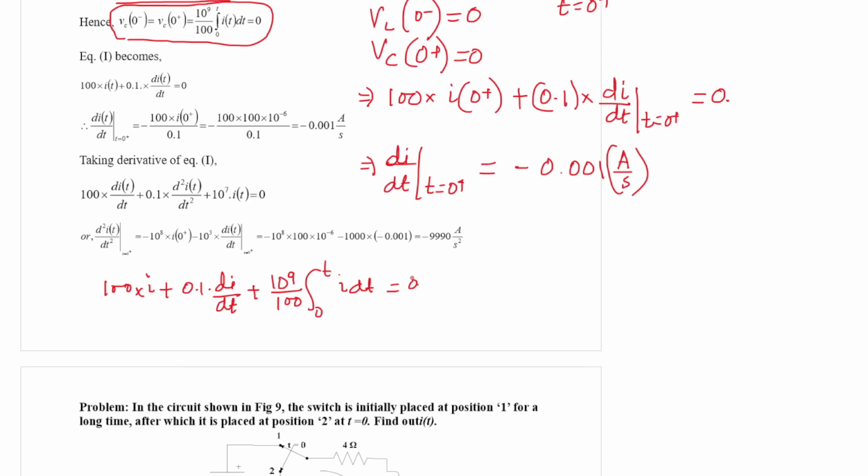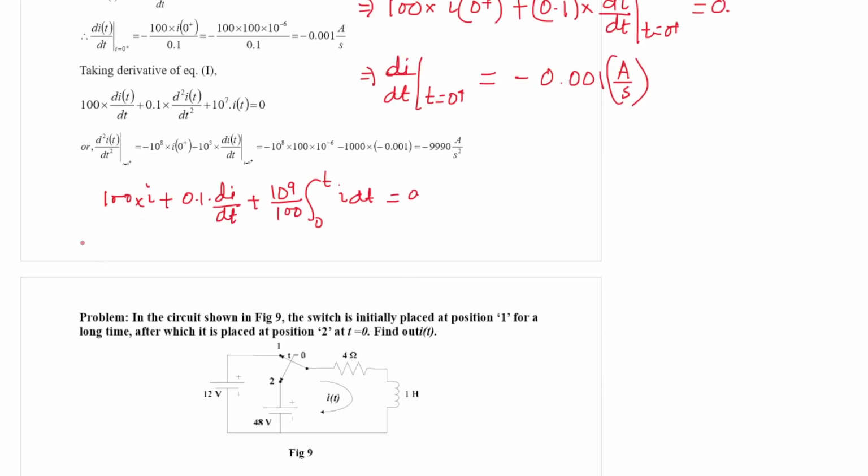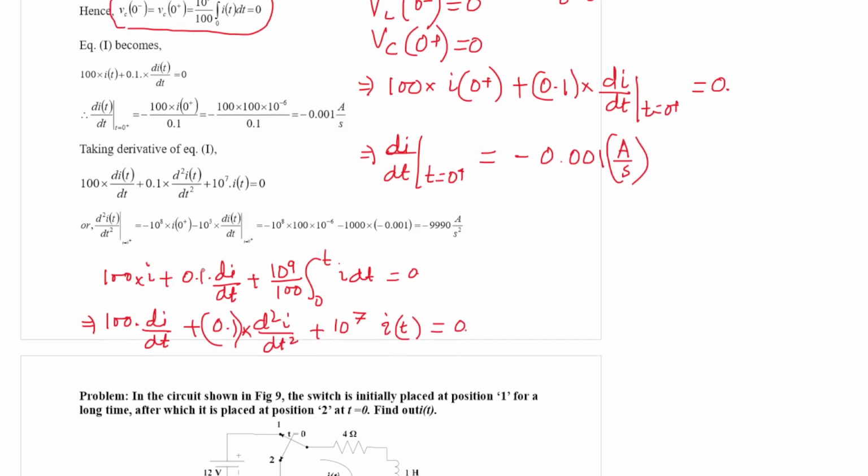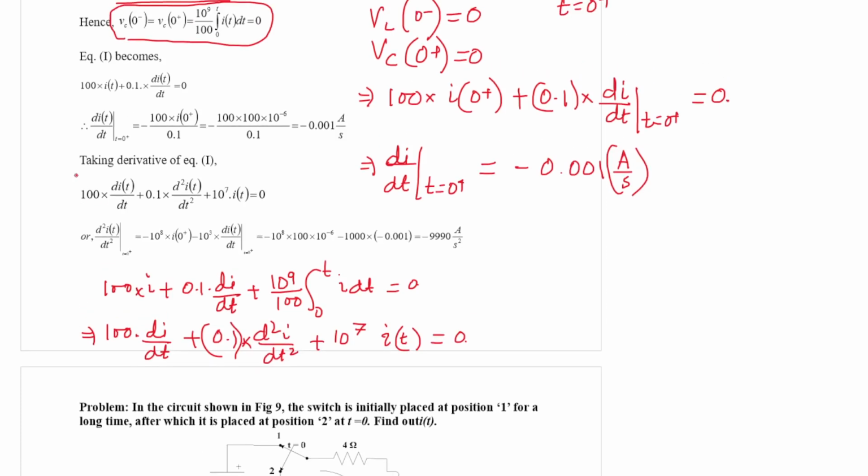Now if you take the derivative of this equation, this will become 100 di/dt plus 0.1 d2i/dt2 plus 10 to the power 7 into i, which is equal to 0. So from this expression, exactly as written here: 100 into di/dt plus 0.1 into d2i/dt2 plus 10 to the power 7 into i is equal to 0.